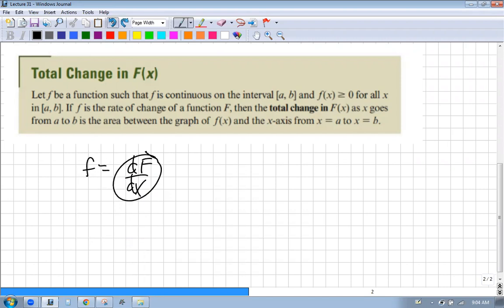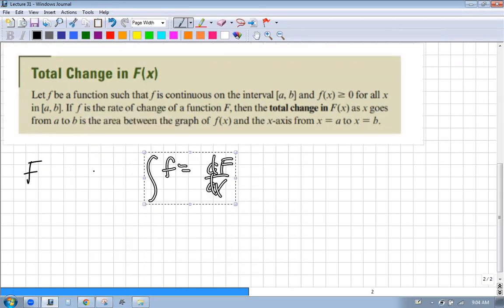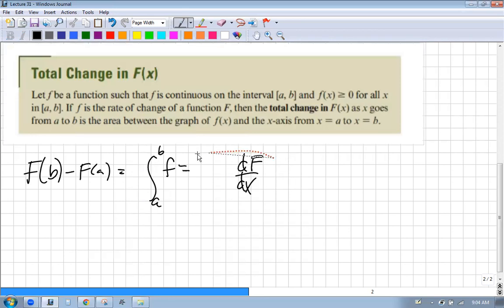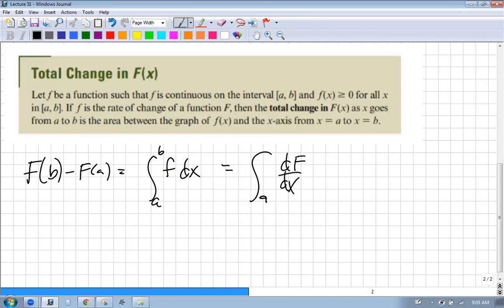This is the change in big F. So the total change in big F, which would be F of B minus F of A, is the integral from A to B of f of x dx. All right, that's what they need to be telling you.